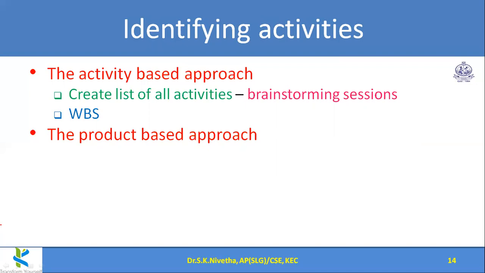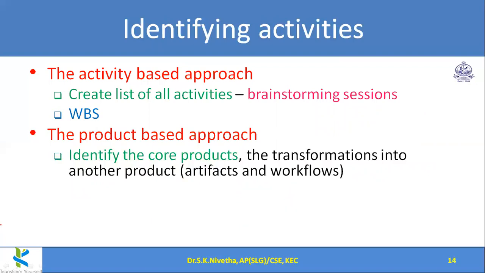File menu creation, edit menu creation, insert menu creation, likewise, or this report preparation, that report preparation. Likewise, products, what are all the deliverables going to come in the project. Based on that, I am defining the activities. We could call it PBS, product breakdown structure.